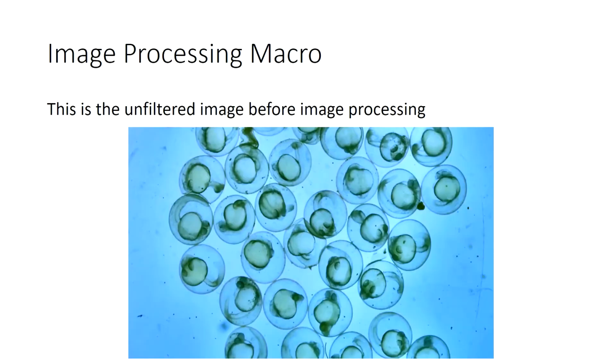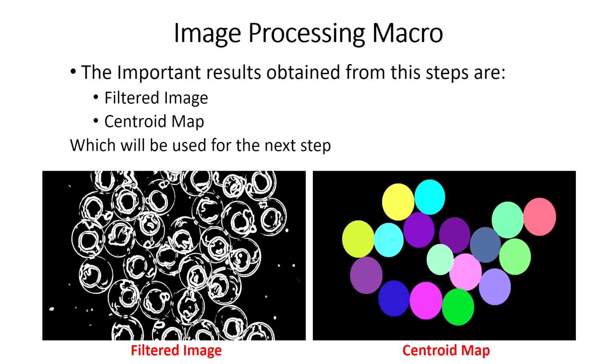So this is the unfiltered image before image processing, and this is the result of the image processing macro. The filtered image is here on the left, while the centroid image is here on the right. The centroid will be used to do the whole threshold automatic array selection, because they have different colors here.